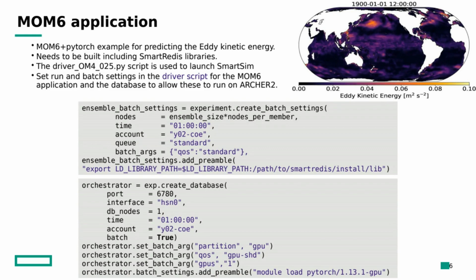This part here is for the MOM6 model. And then this part here is the settings I had to change for the database, adding in these parts to allow it to use the ARCHER2 batch system, such as your partition, specifying the interface here, and also adding in this preamble to load the PyTorch module so that it can access PyTorch.